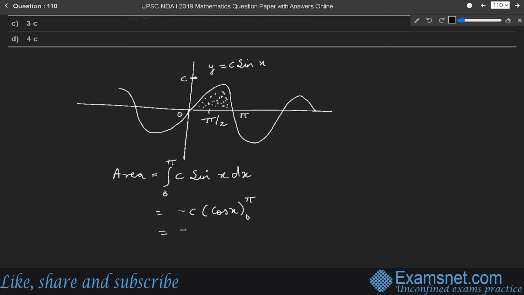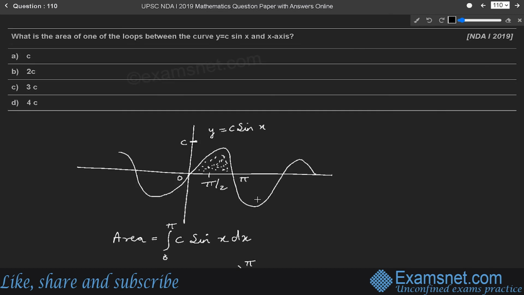On putting limits, it will be minus c into minus 1, which will be minus 2c. Minus of minus 2c is plus 2c. So the area of one of the loops between the curve is 2c. Therefore the correct option here is option number B, which is 2c.